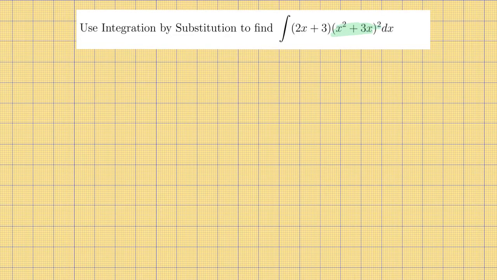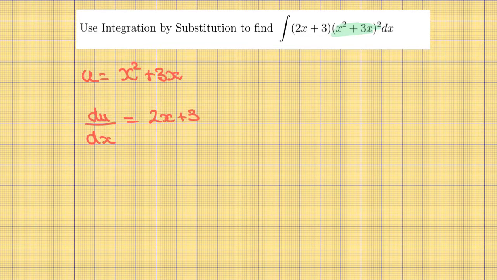Put that equal to u. So we write u equals x squared plus 3x. Differentiate that, so we get du over dx is equal to 2x plus 3.